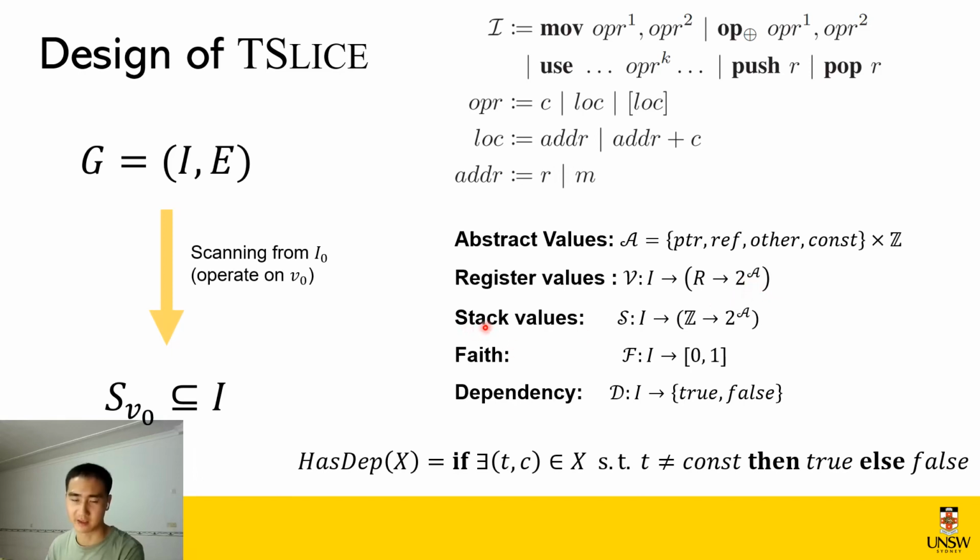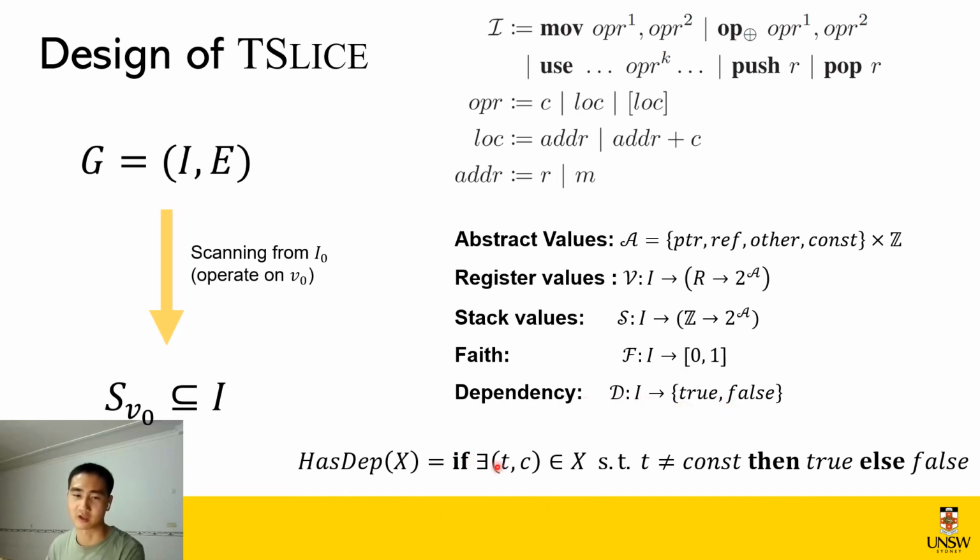For the stack, this is similar. For each instruction, we have to know what possible abstract values each stack slot contains. And phase, as we mentioned earlier, how much information we can gain from an instruction, is a value between 0 and 1, and dependency is a mapping from instructions to true and false.